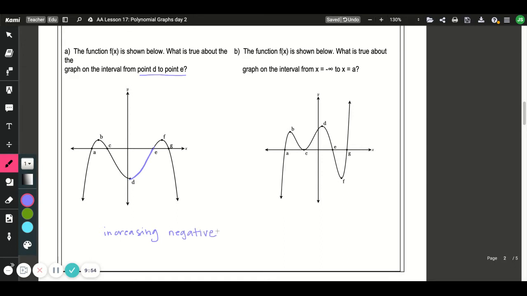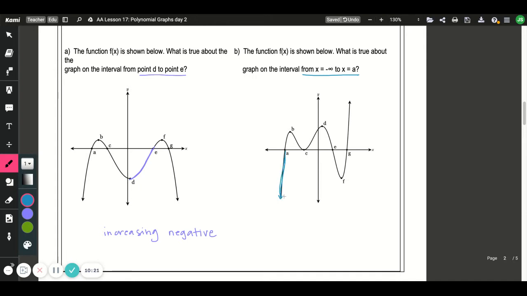Let's look at the next one. This one says, what is true about the graph on the interval from negative infinity to a? Oh, I picked two samples that are the same. So when x equals negative infinity, that means all the way over here on the left until I get to a. So from this arrow until I get to a, what's happening?